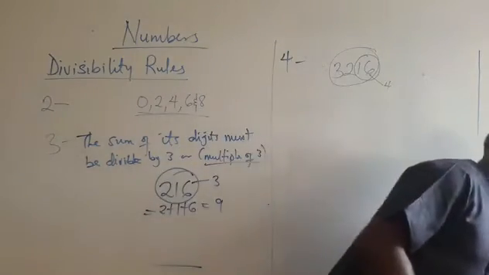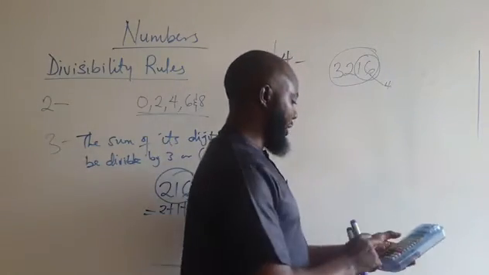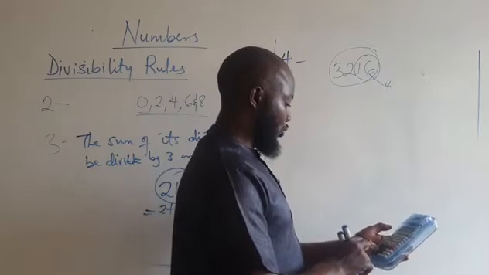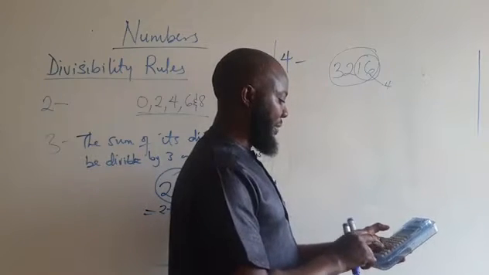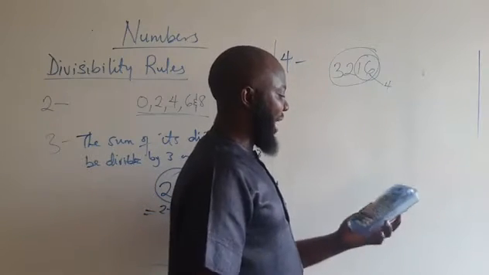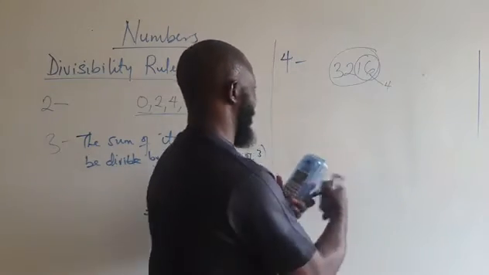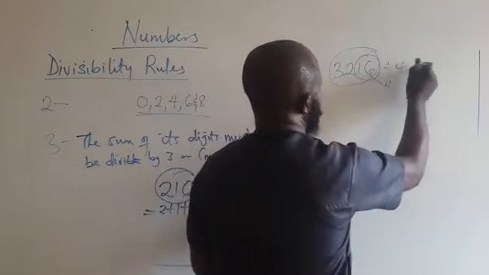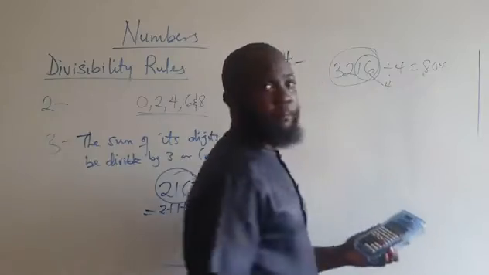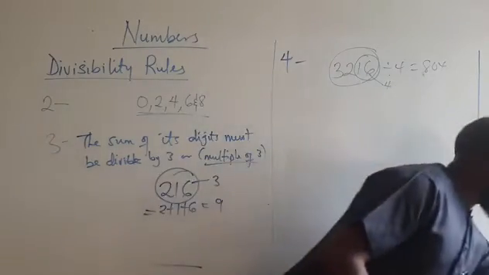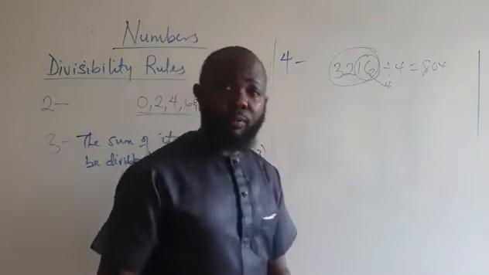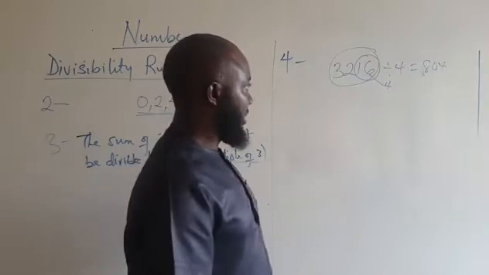Let's look at this on the calculator now. If I put 3,216 divided by 4, I have 804. So that is the rule. You can see it's so simple.